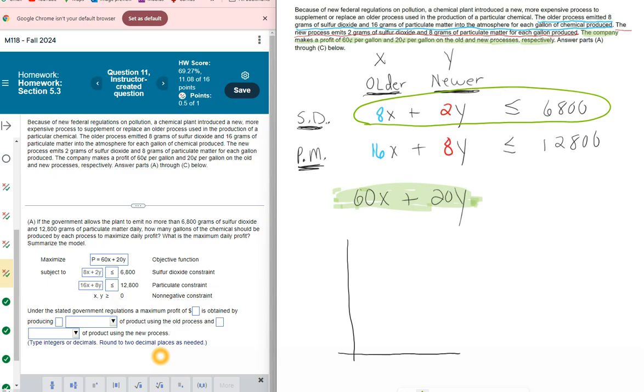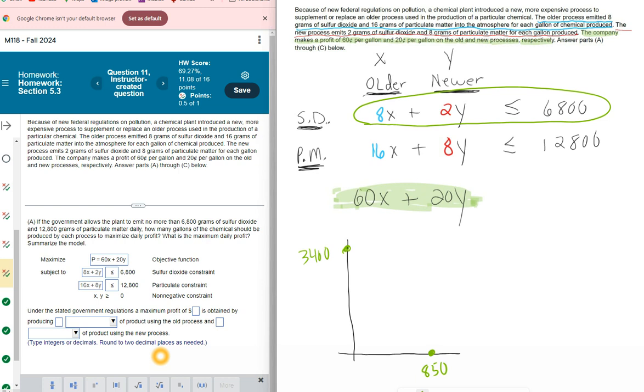To find the x-intercept, I'm just going to take the 6,800 and divide it by 8. So that's going to cross the x-axis at 850. And then for the y-axis, take 6,800 and divide it by 2. And that's going to be 3,400. Okay, this is not drawn to scale.